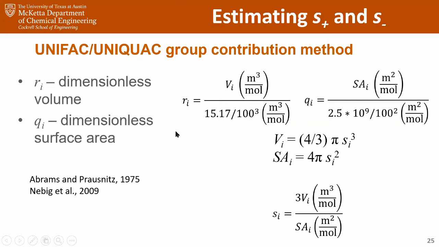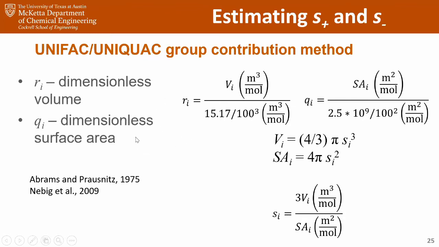There are many ways that we can estimate the size of the cations and anions. We've used an incredibly simple method, which is just to use group contribution methods developed for the UNIFAC and UNIQUAC activity coefficient models.